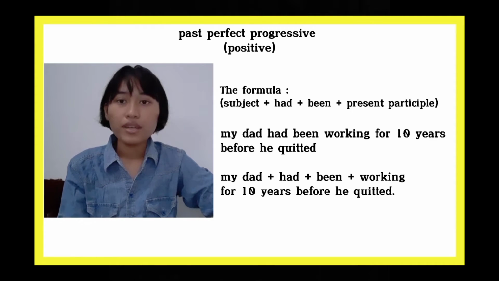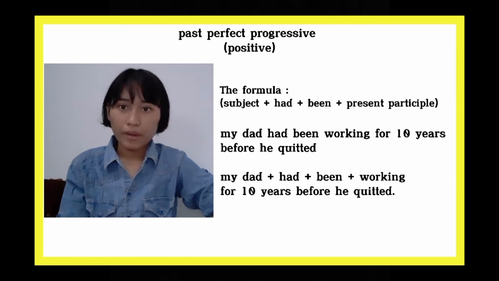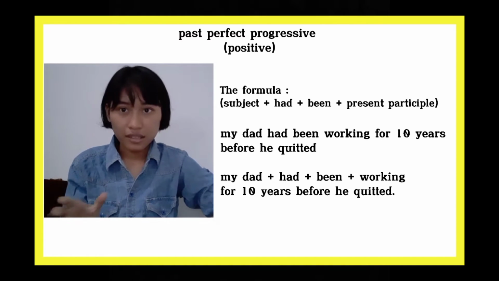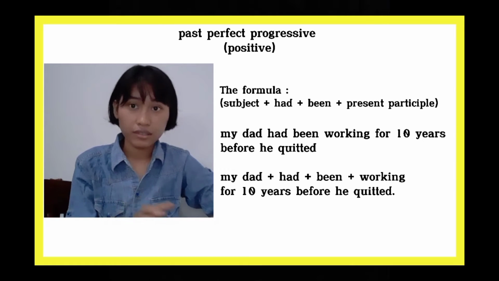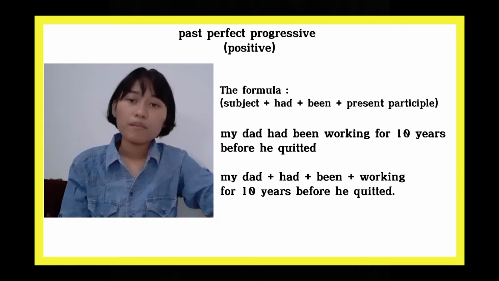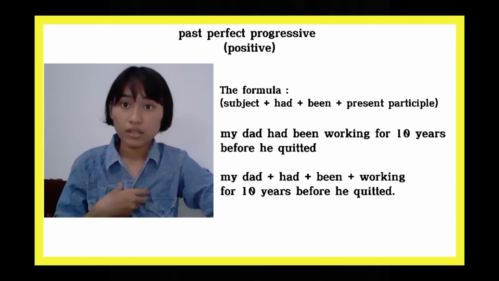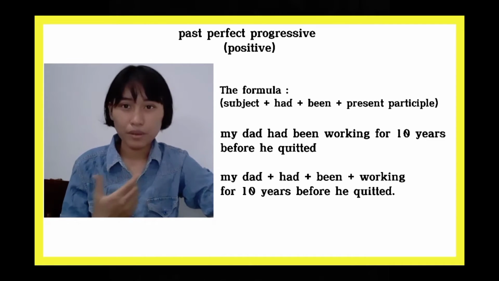After working, we have another simple past, because we explain two exact past times in this one sentence, which has nothing to do with the present, but still has a little effect on the present. So what I'm saying is that my dad had been working for 10 years before he quit it. Before he quit it is a simple past.